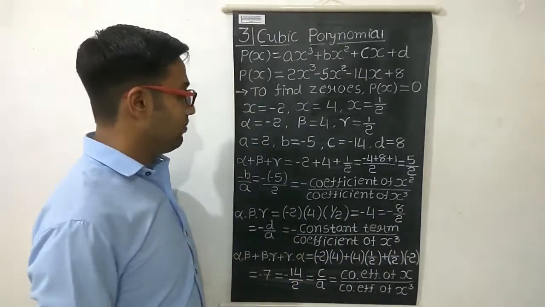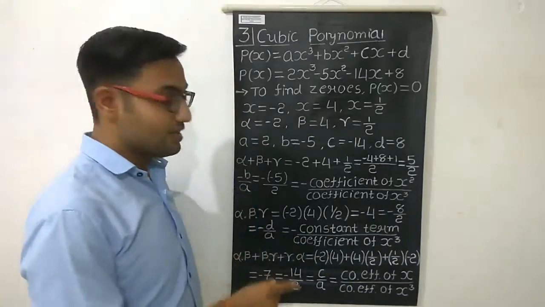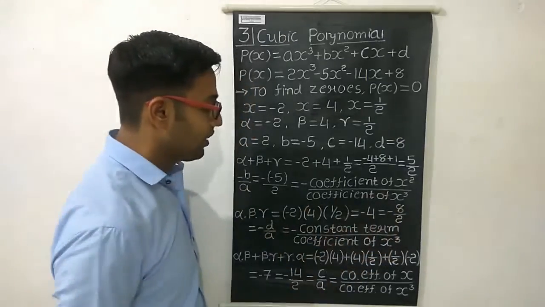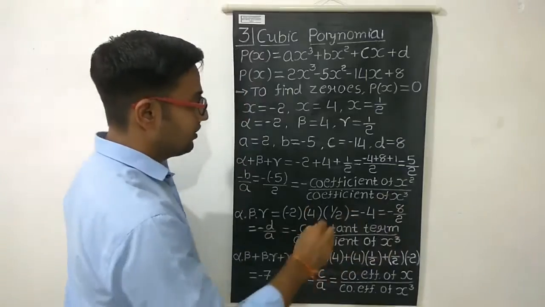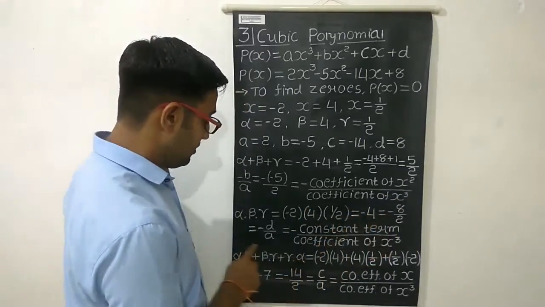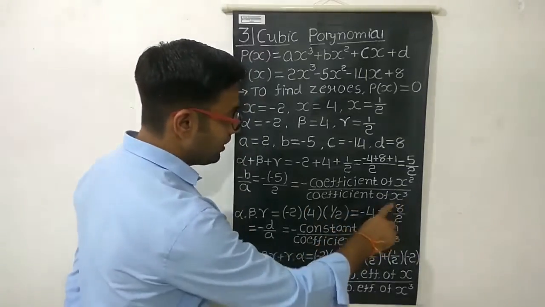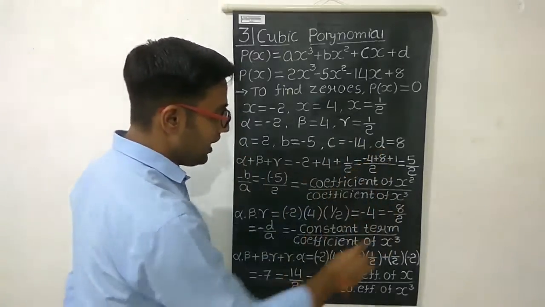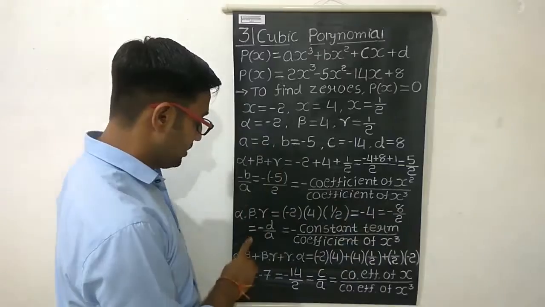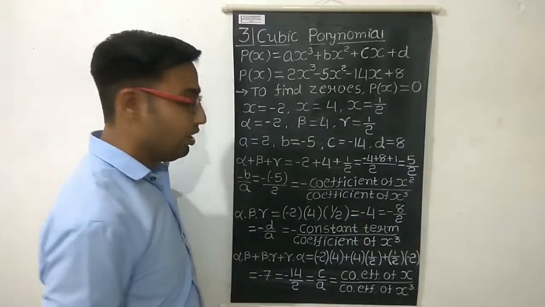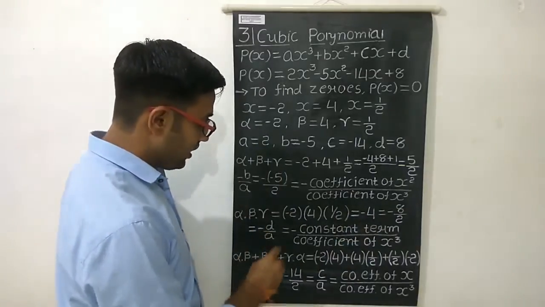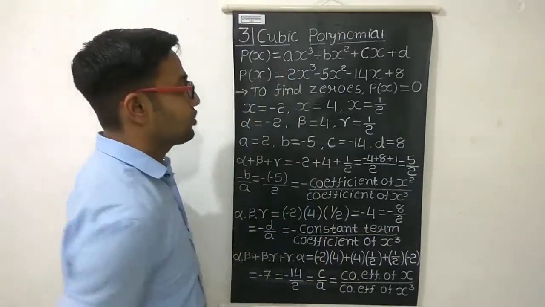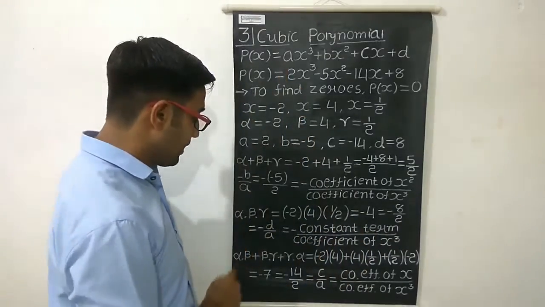To get the relation between the zeros and the coefficients. That is why we write it in another form. Now the minus sign remains as it is, and we can write 8 as D and 2 as A. So the relation we get is minus D upon A. D is the constant term and A is the coefficient of x cube. This is the second relation.